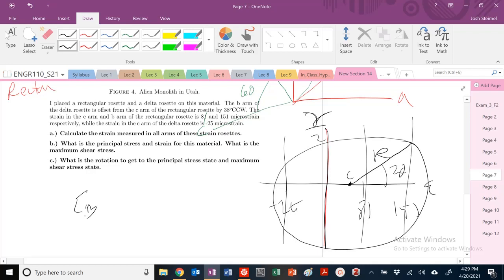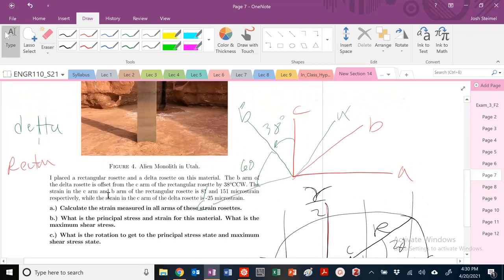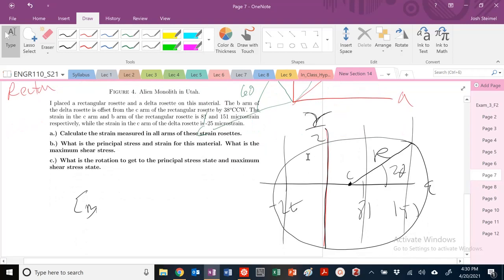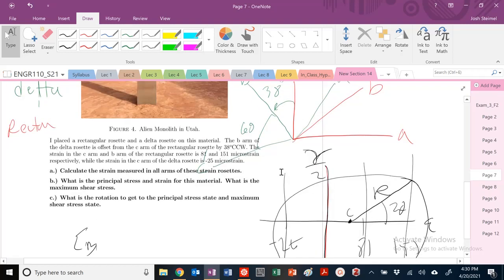So let's figure out the rest of these values. I want to figure out my center, my radius, and my 2 theta. Those are the clear values that I need to get for this equation. So I have 3 unknowns: my center, my radius, and my 2 theta.